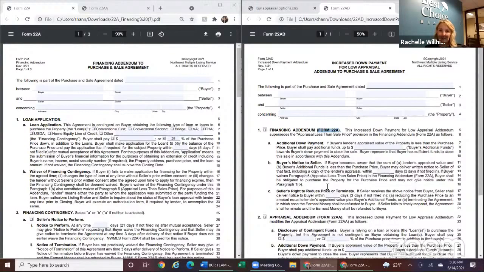Here's another tip of the trade for those of you who are newer to the business, or some experienced agents. Anytime you want to use a Form 22AD, I would highly recommend, if I could mandate it, I'd say so on this call, that you call that lender and make sure they have the additional down payment available.